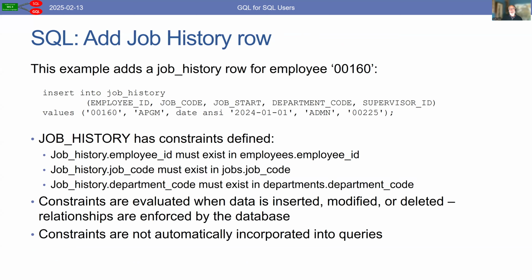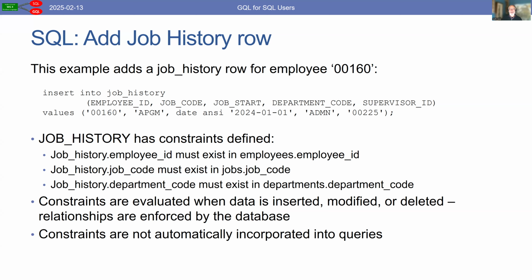So this example adds a job history row, and you could think of a job history record as somehow mapping a relationship between an employee and a department, with some information about the job start and maybe some information about the type of job. In the sample database that I borrowed these examples from, job history has constraints defined.